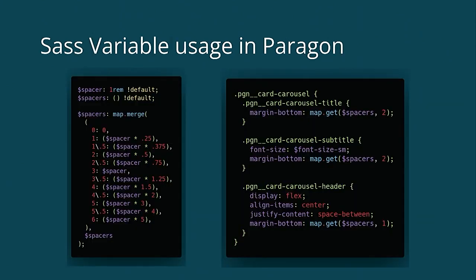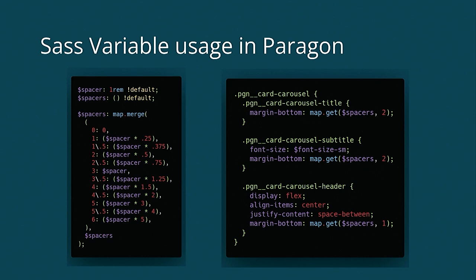Before we get into CSS variables, let's look at how SCSS variables work. What you can see here is some SCSS code, where you have a variable called $spacer, which is set to a value of 1rem by default.